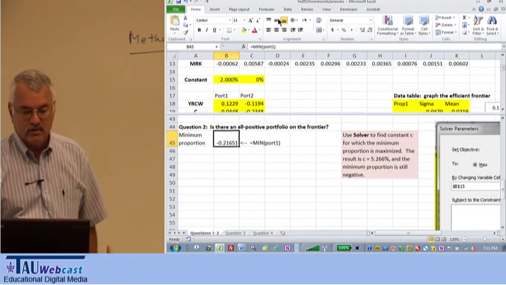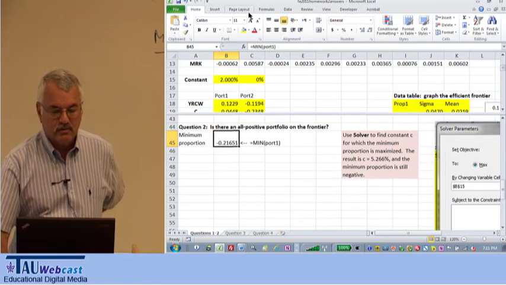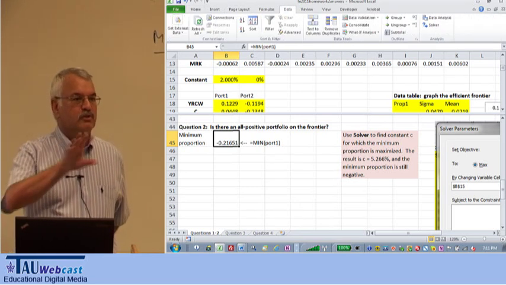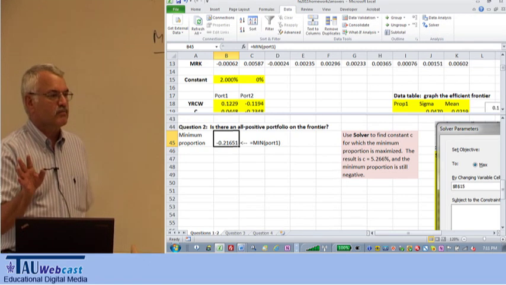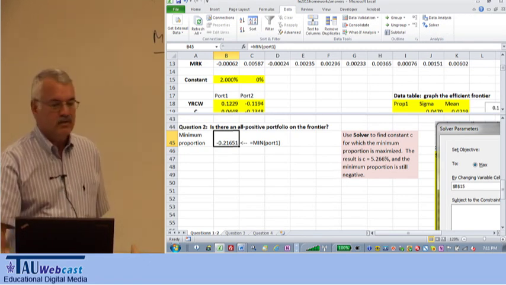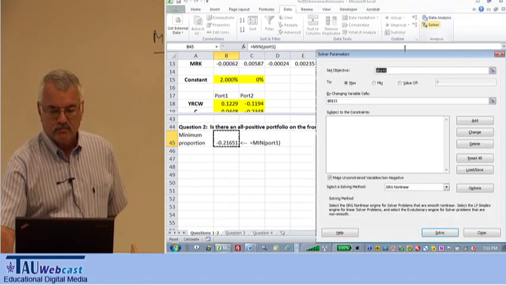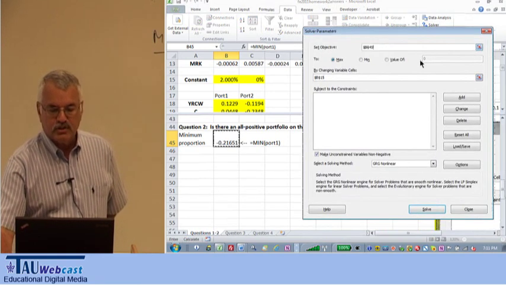And then I'll see what it is. Here's how I do this. I love solver. One of the reasons is that once you put solver in your spreadsheet, it stays there. So I already did this. So I say data, solver, and here's the sheet.